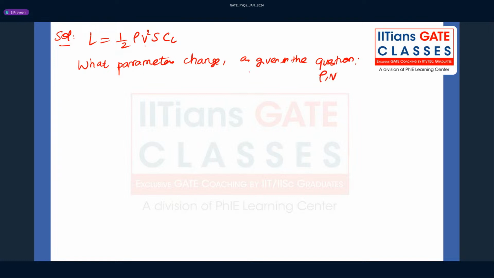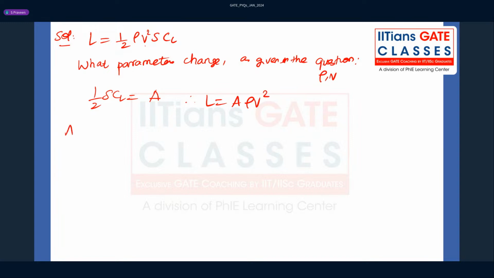It is rho and v, right? S and CL remain the same because they are not trimming it. It's again flying. Let's treat half S CL as some constant. Let's keep it as A. So I can write L as A times rho V square.